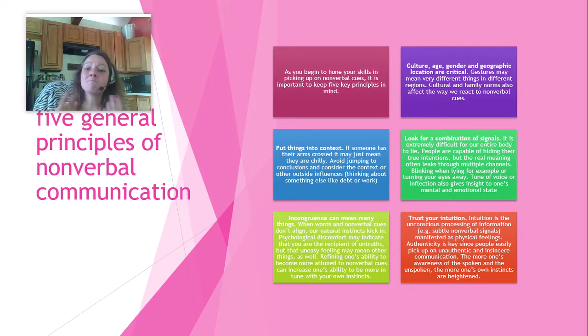Instead of making those assumptions, if we follow these 5 general rules here, we can hone our skills and be better communicators, because we're understanding how to pick up on those non-verbal cues. So firstly, culture, age, gender, geographic location all play a role in nonverbal communication.